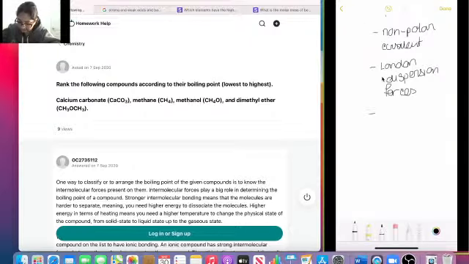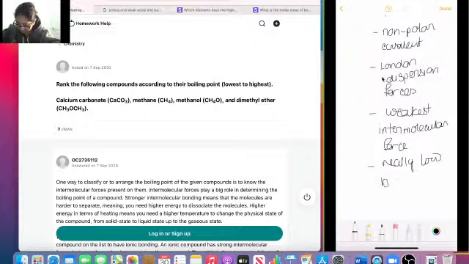So the weakest intermolecular forces. So this would have a really low boiling point.